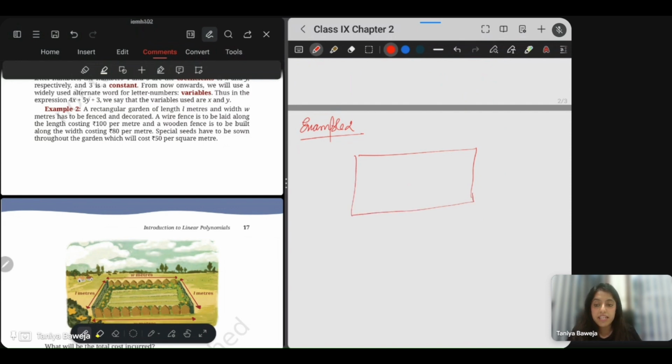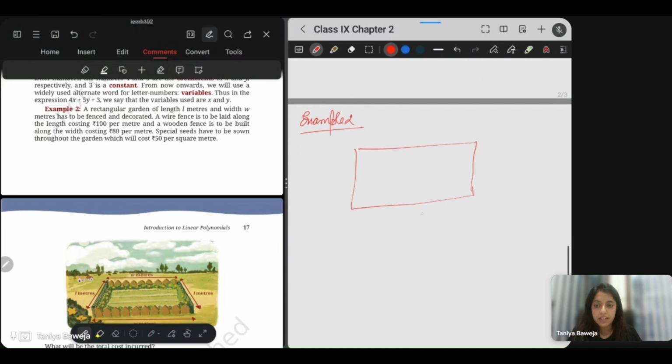This is L, this is L, this is our width and this is the width as well. The wire along the length is costing us 100 rupees, and along the width it is costing us 80 rupees per meter.